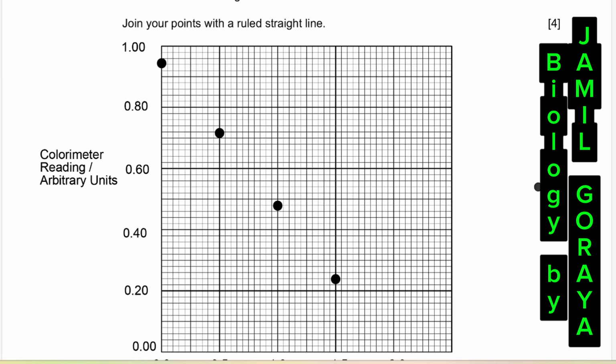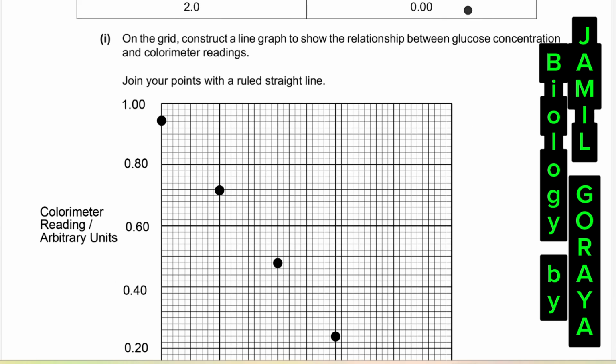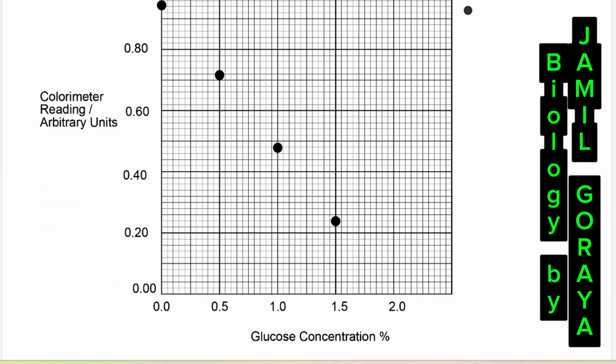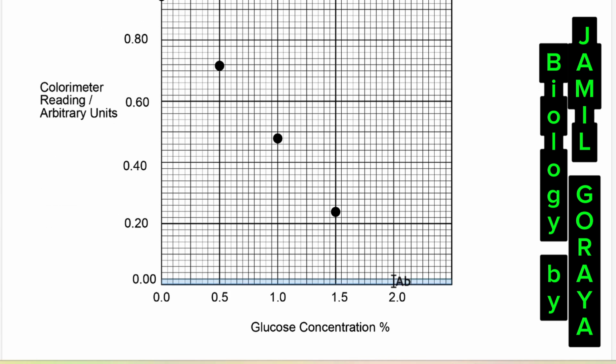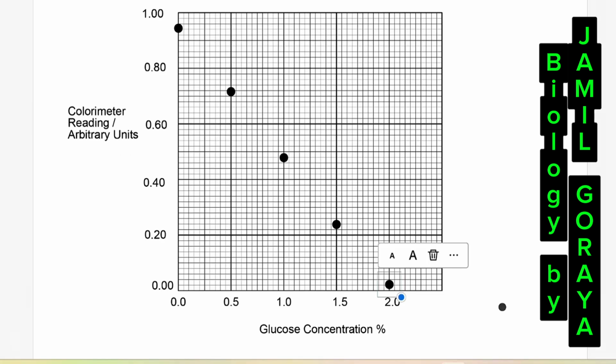And the last plotting is at 2, 0.00. So at 2%, it is 0.00, dot here. After these 5 plots correctly, we will get the third mark. Now the last mark is for joining all the dots with ruled straight lines.